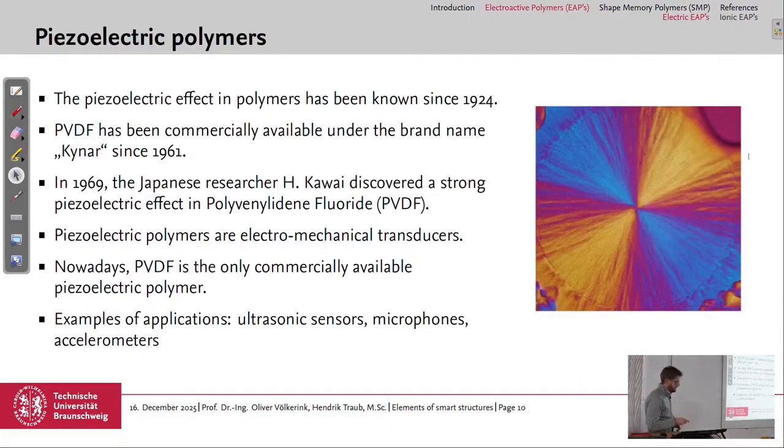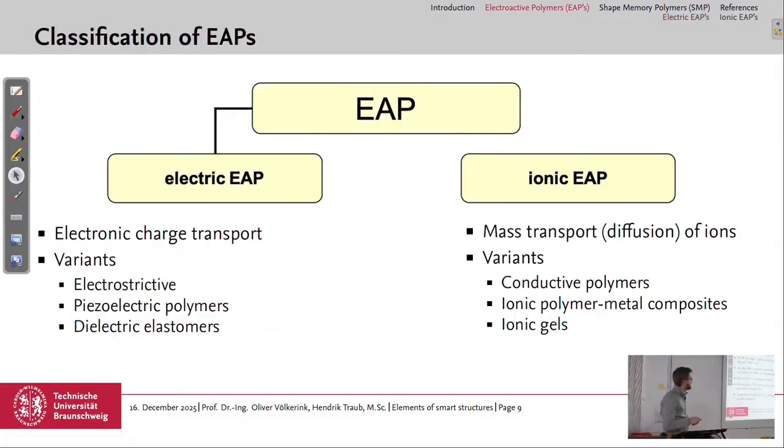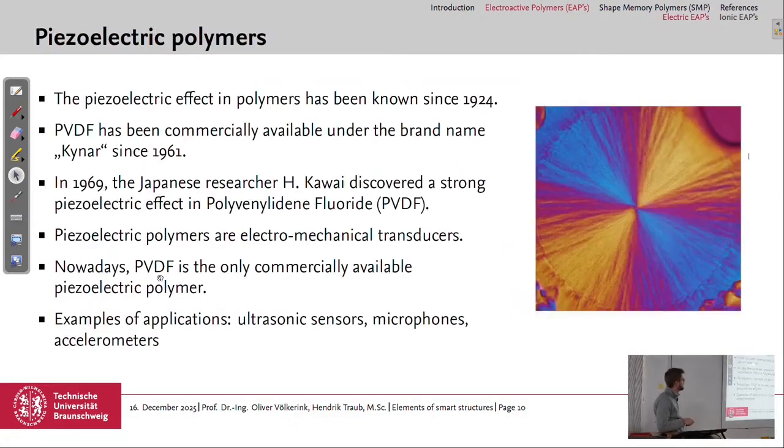So now we are looking at the first principle of the electric EAPs, the piezoelectric ones. The piezoelectric effect in polymers has been known since 1924. So yeah, roughly 45 years later than the first experiments by Röntgen.